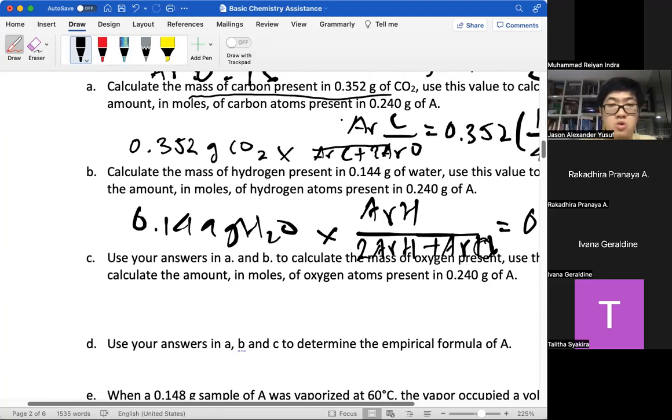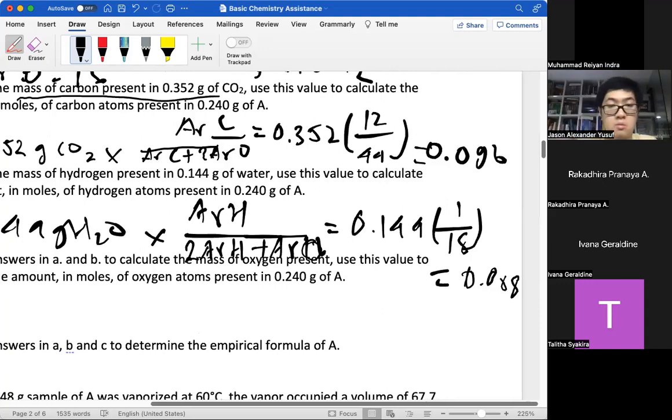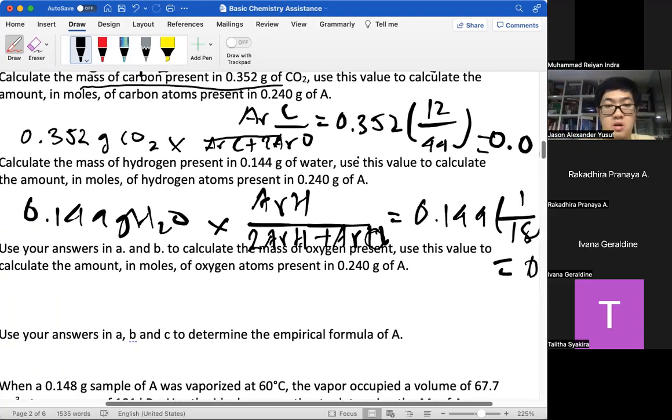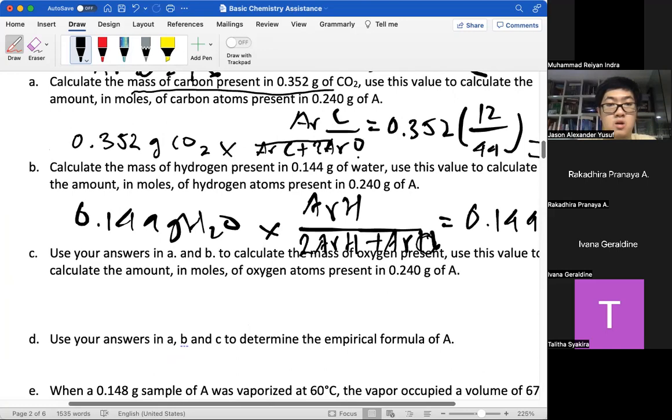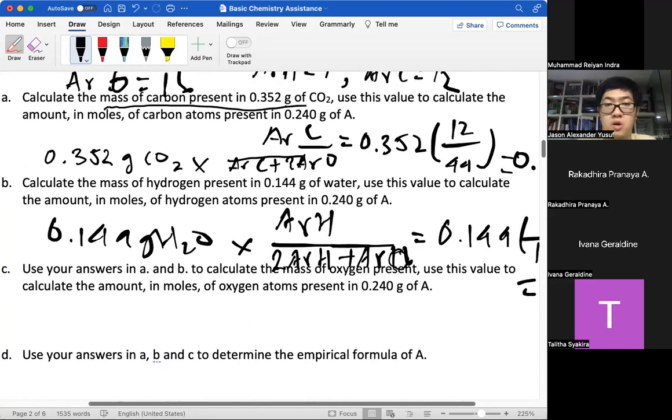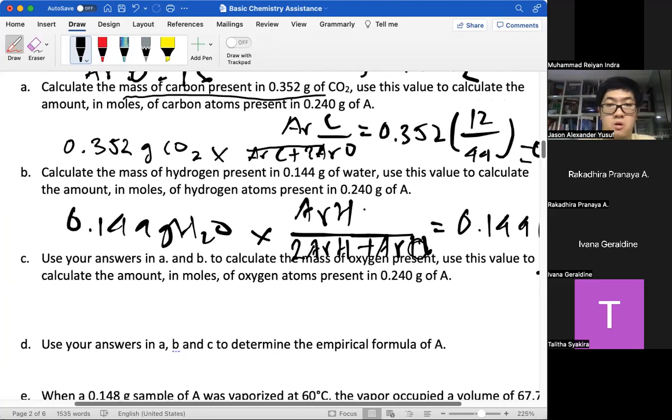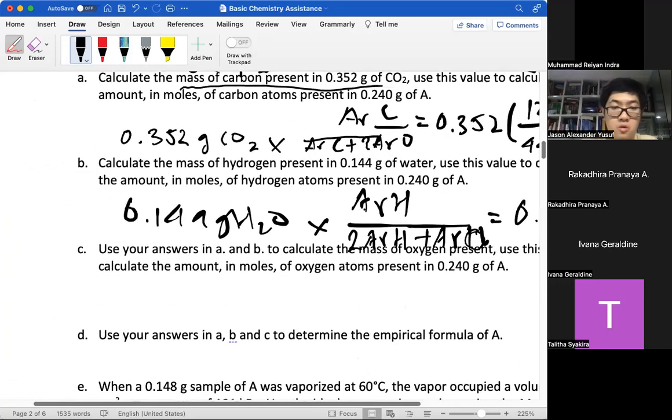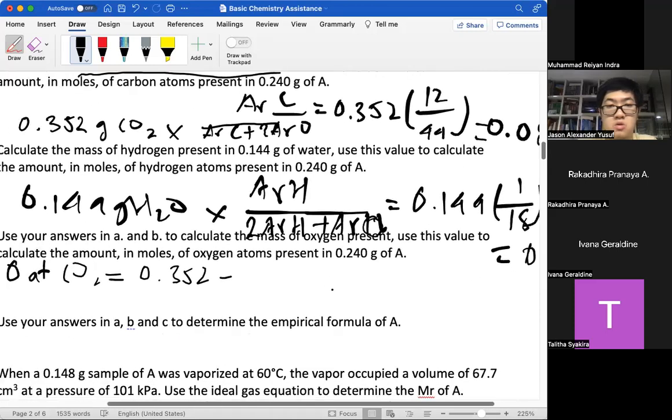And so what we're going to do next is calculate the mass of oxygen present by using the mass of the carbon dioxide as well as the mass of water. So for this one, O at CO2 would be 0.352 minus 0.096.